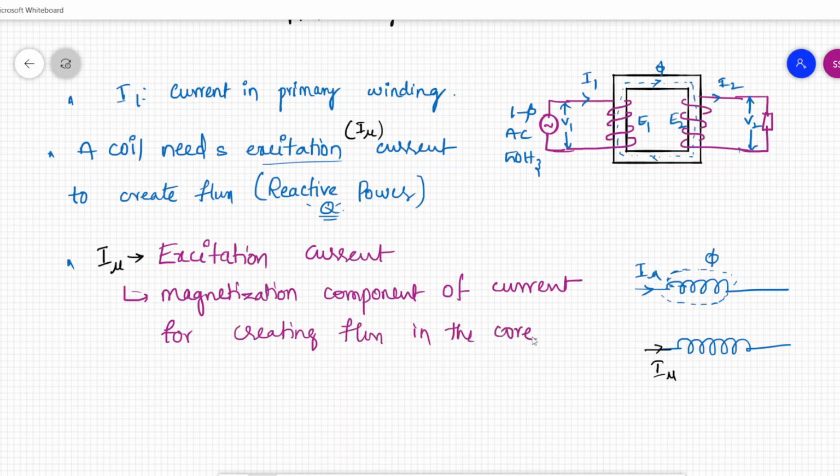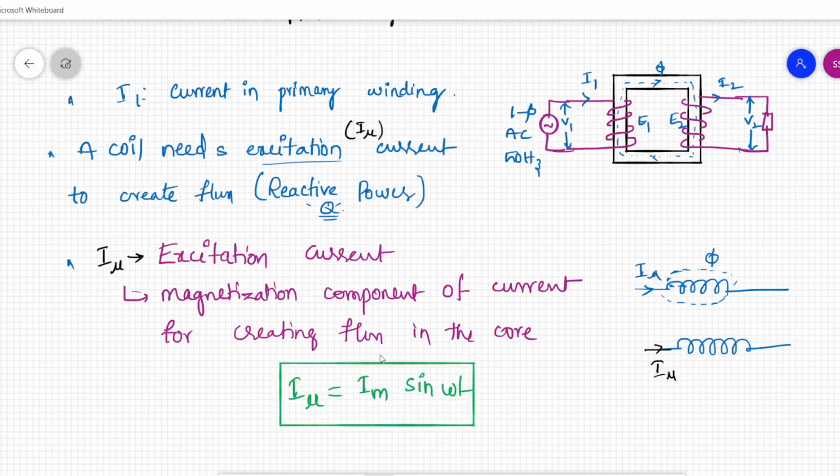This is just to create the flux in the core. As it is AC, the value of I mu will be Im sin omega t, because it is AC current.